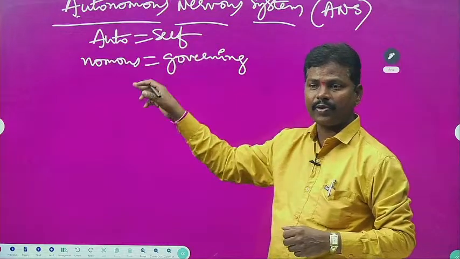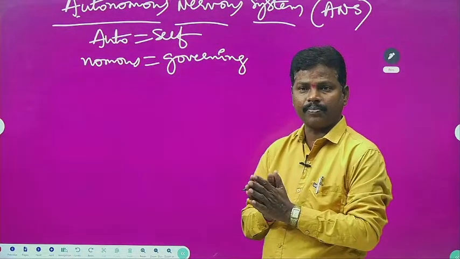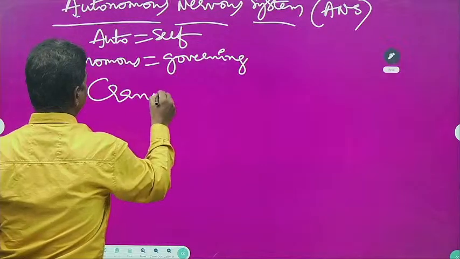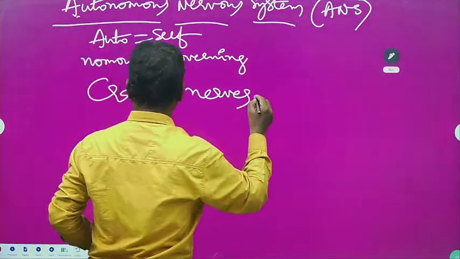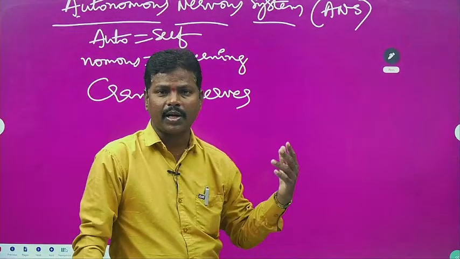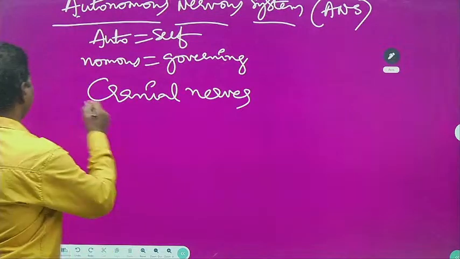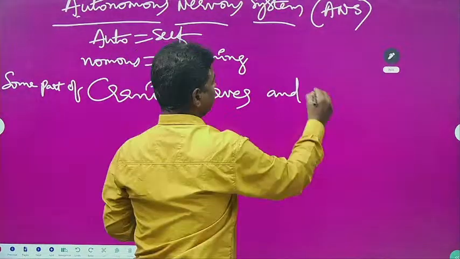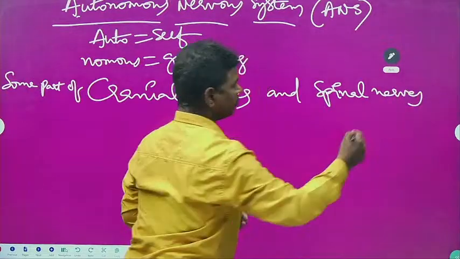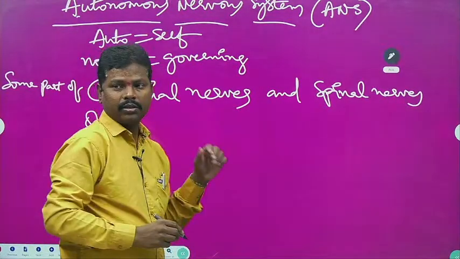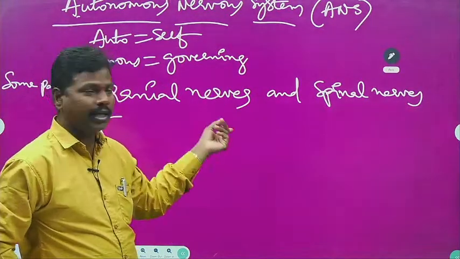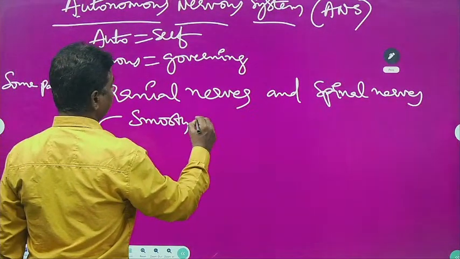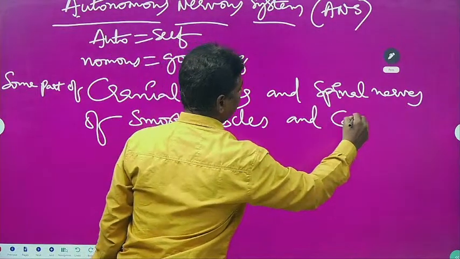The autonomous nervous system is formed again like the peripheral nervous system.